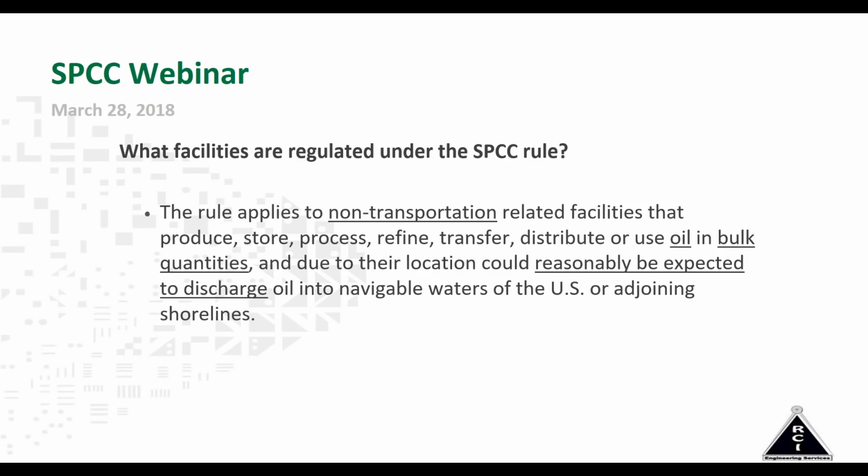If you are a non-transportation related facility, or otherwise a fixed facility that stores, processes, refines, transfers, or distributes oil in bulk quantities, and you could reasonably be expected to discharge oil into navigable water, then the rule does apply to you.